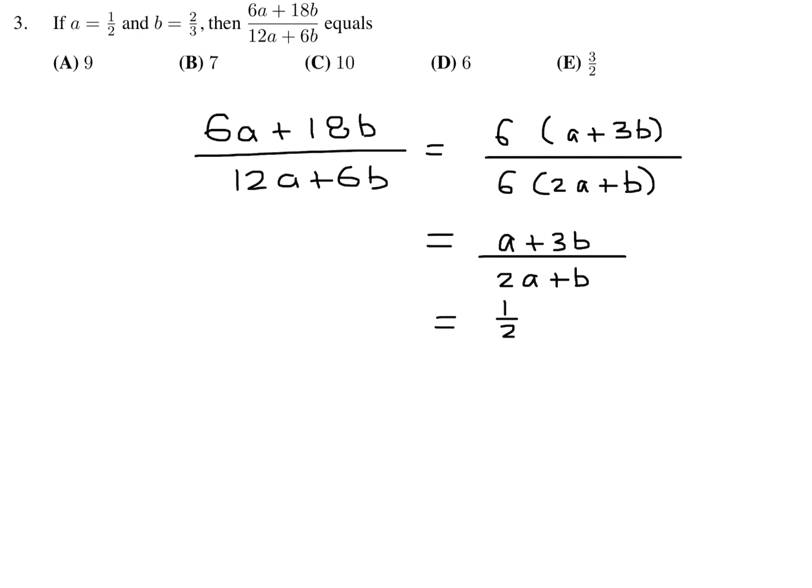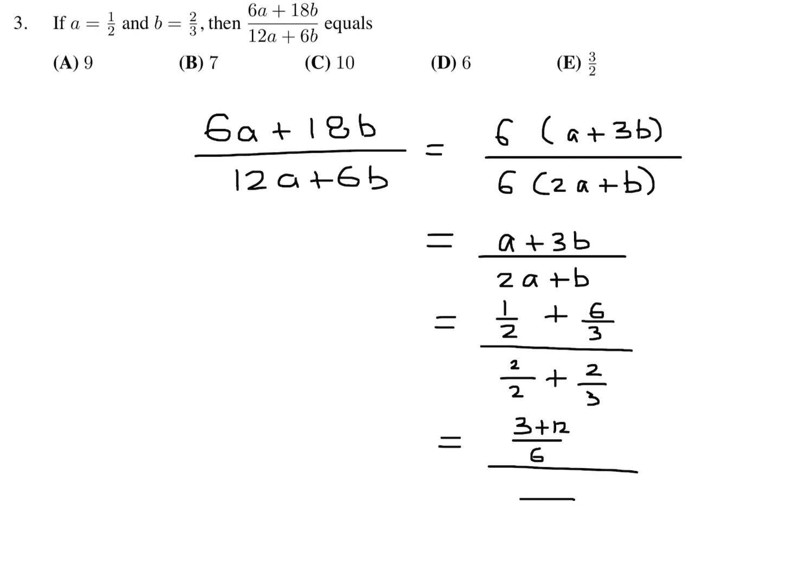So A is a half, B is 2/3, so 3 times B would be 6 over 3. And then 2A is going to be 2 over 2. I'll just leave it in fractional form since we have to add a fraction. Now get a common denominator, and that looks like it's going to be 6. So that'll be 3 plus 12 over 6, and then same thing, common denominator, you're going to get 6 plus 4.